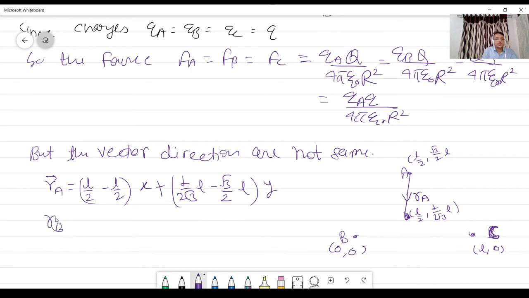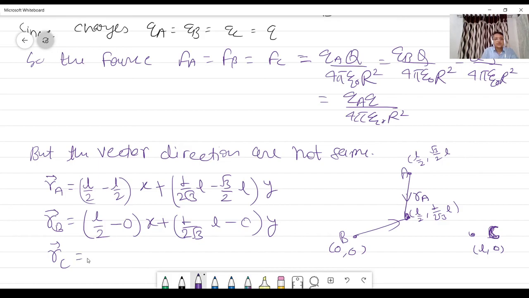Similarly, you can find RB. This RB will be in this direction here. So it will be L/2, endpoint minus starting point, x plus (1/(2√3)) L minus 0 y. And RC here is this, the direction of RC.